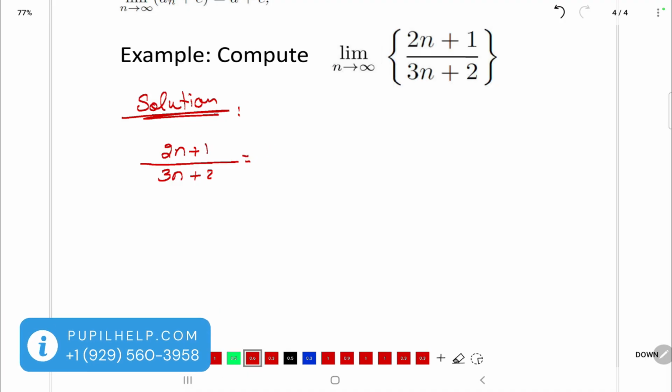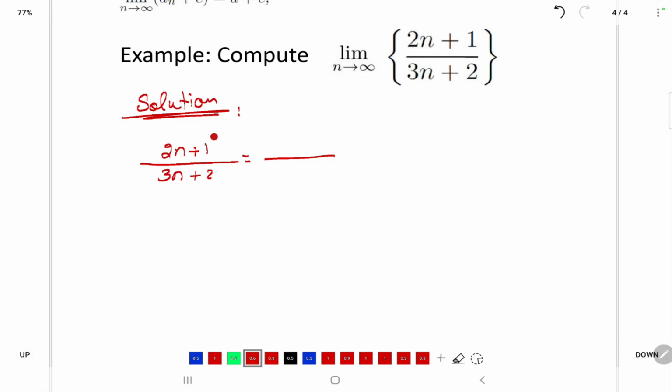I can write this one by dividing the numerator and denominator by n. I think I explained the concept behind this procedure. I explained this one in the beginning of this course.